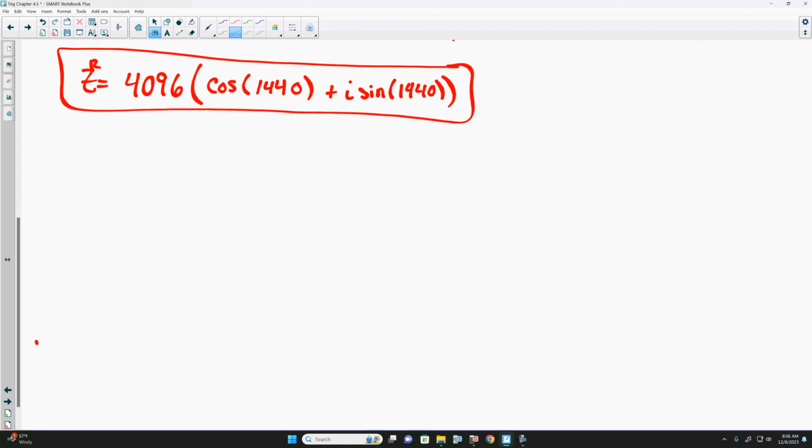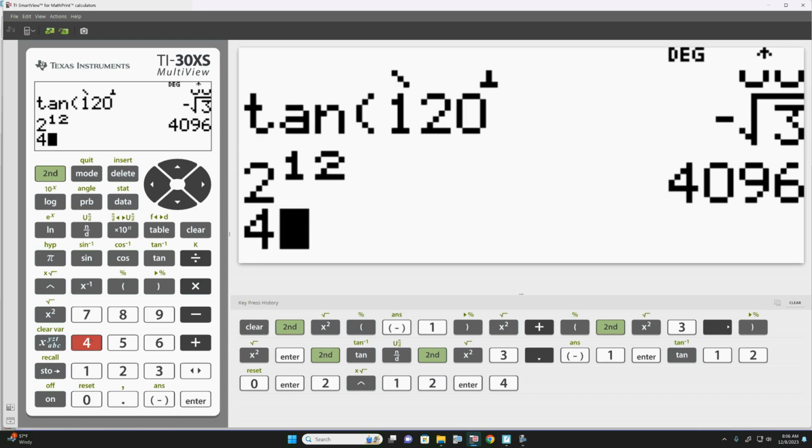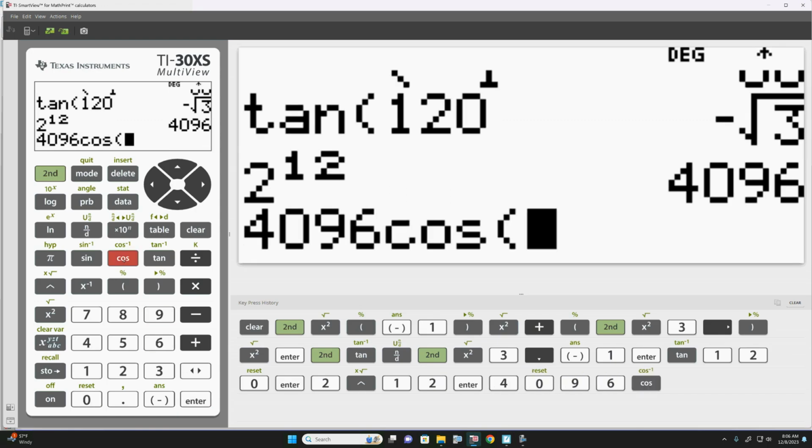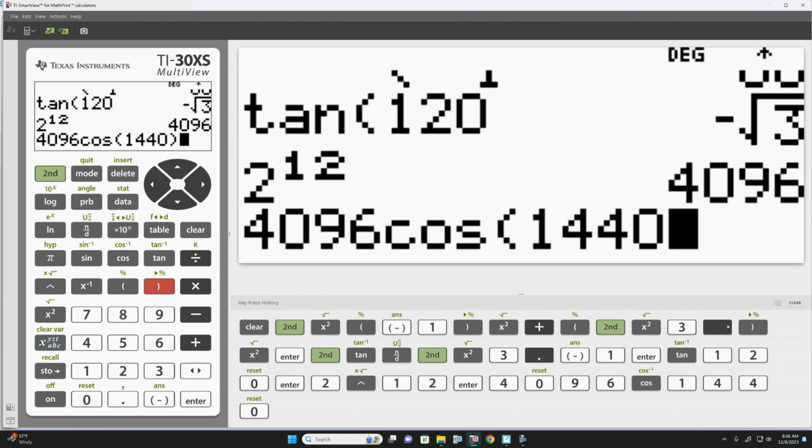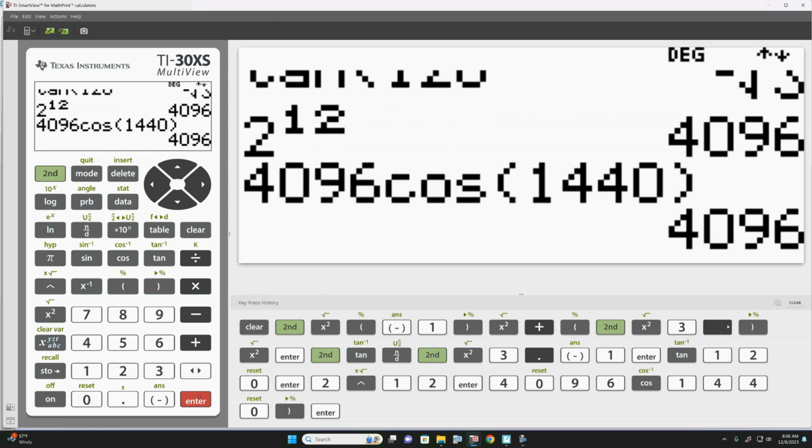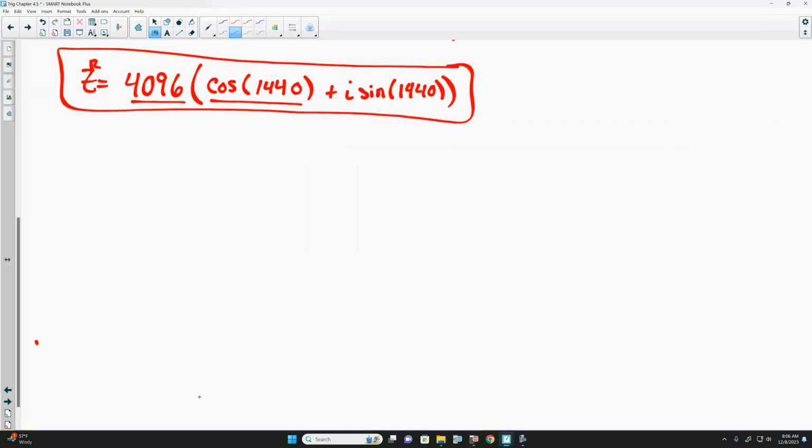And that's it there. Now, if we want to actually see what multiplying 1 minus the square root of 3i by itself 12 times would end up being, all we've got to do is multiply these two here. So our 4096 by cosine of 1440 is 4096.